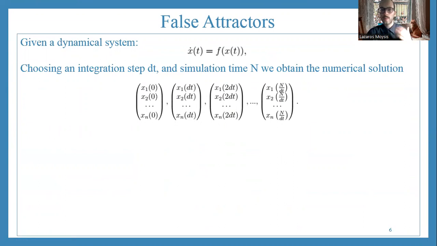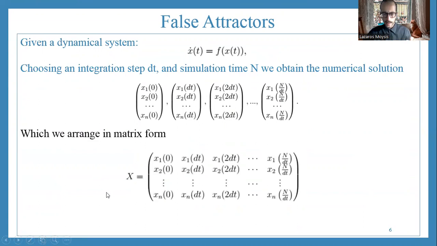We solve the system and obtain a solution as a time series. After I obtain this solution for n seconds, let's arrange everything in a matrix. This is the complete solution of the system for the simulation time, for the specific integration step, and for all the states. If I plot this solution in 3D space, for any combination of three states, I obtain the chaotic attractor of the system.